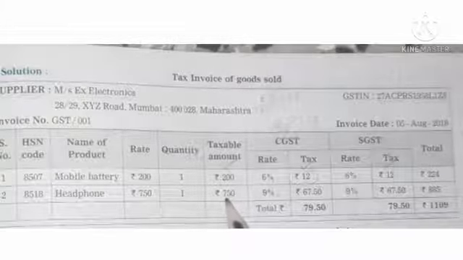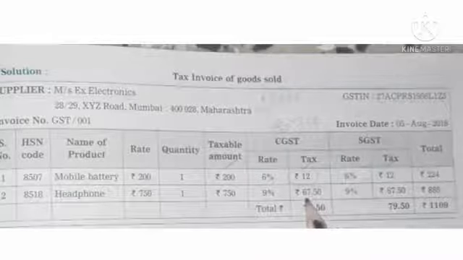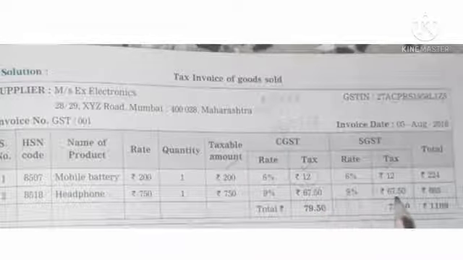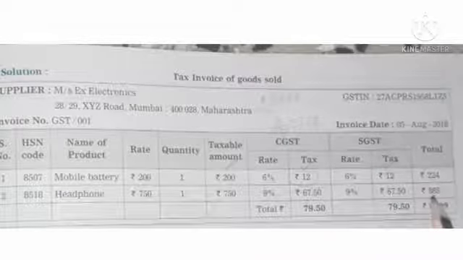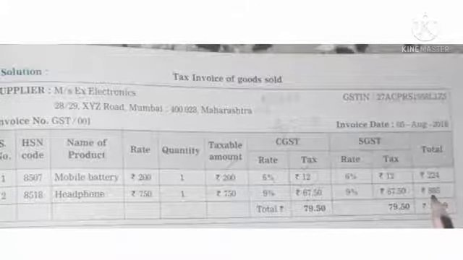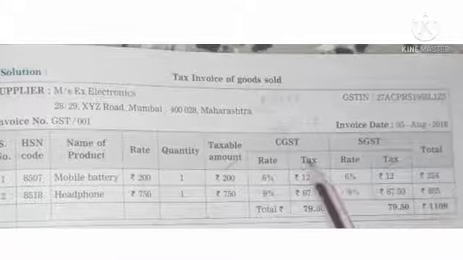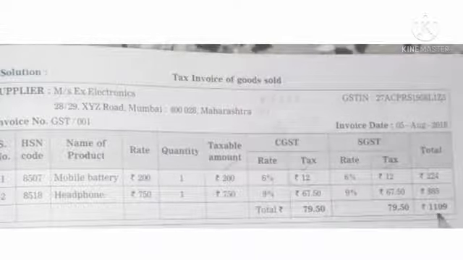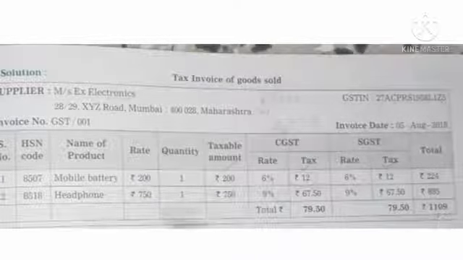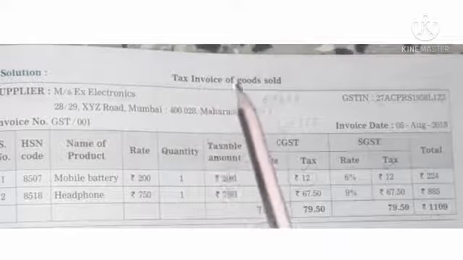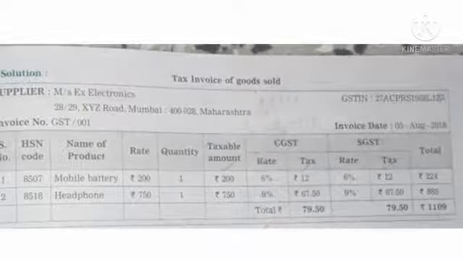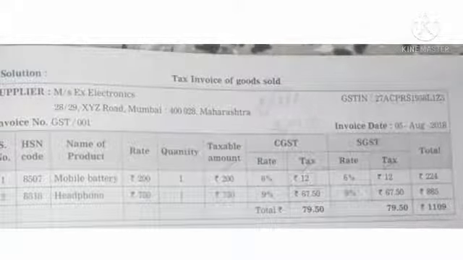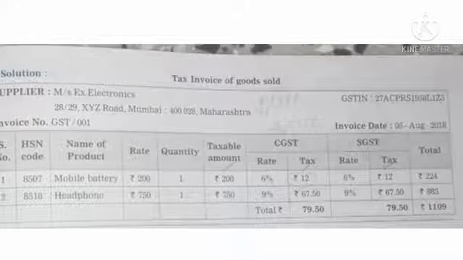And here also 750 plus 67.50 plus 67.50, you get the answer rupees 885. So here tax total is calculated, here tax total is calculated, and total tax is calculated here. Okay, this is called a tax invoice of goods sale. In that way you can prepare a tax invoice.